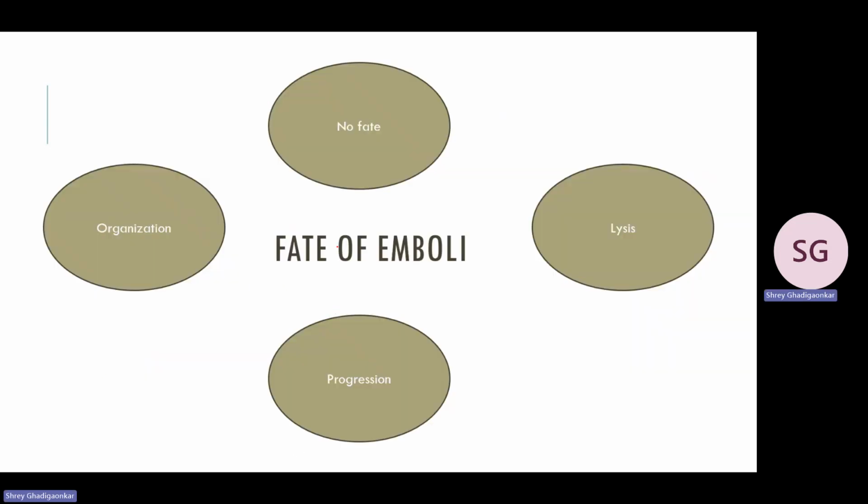Regarding the fate of the emboli, a couple of things can happen. You can have no fate, which is basically where the patient dies either due to hypoxia or acute cor pulmonale, and this usually occurs when more than 60% of the total pulmonary vascular bed is involved. Apart from that, you can also have lysis of the emboli.